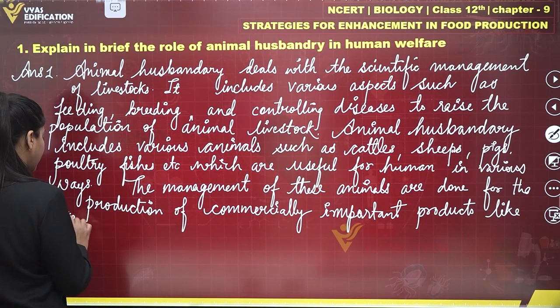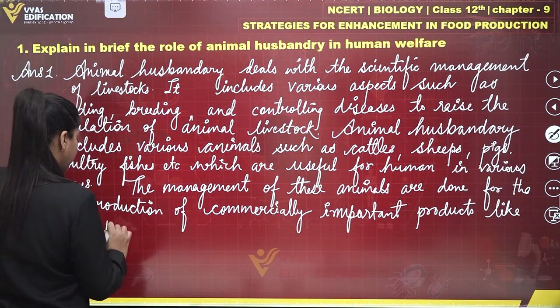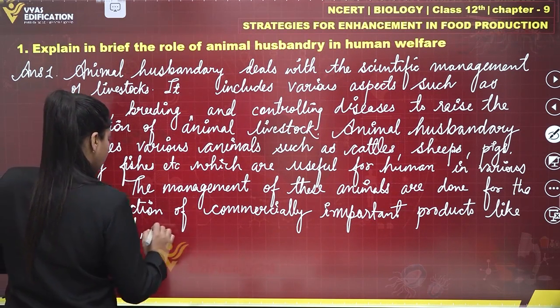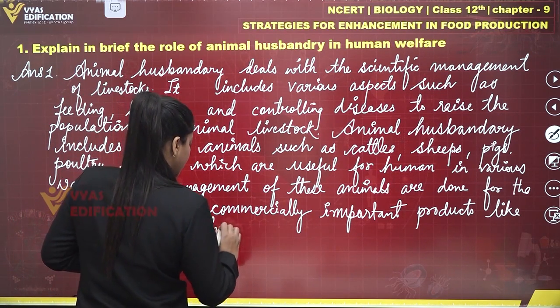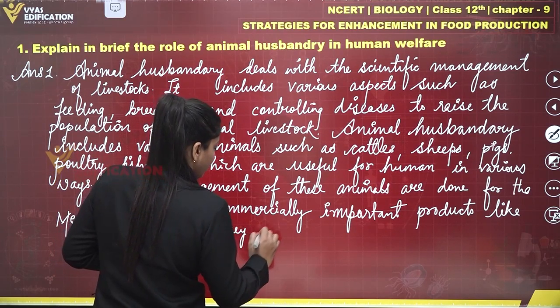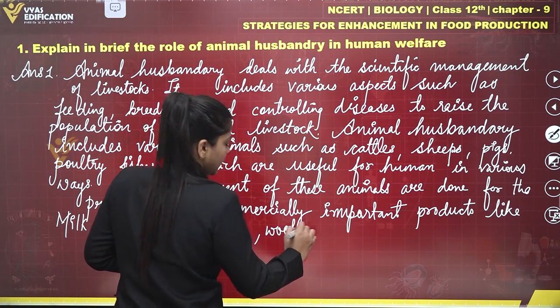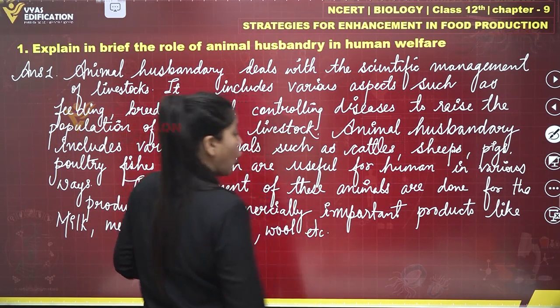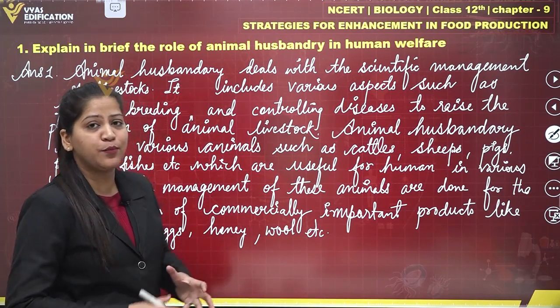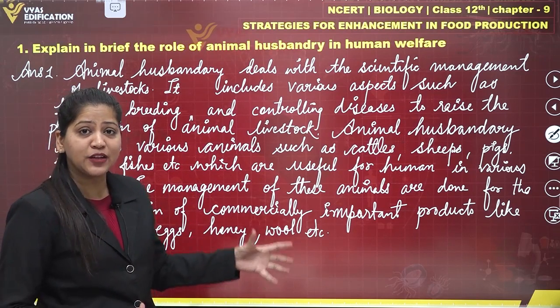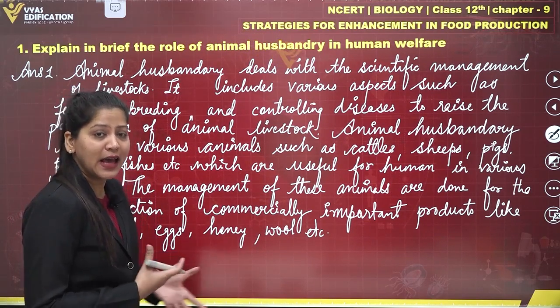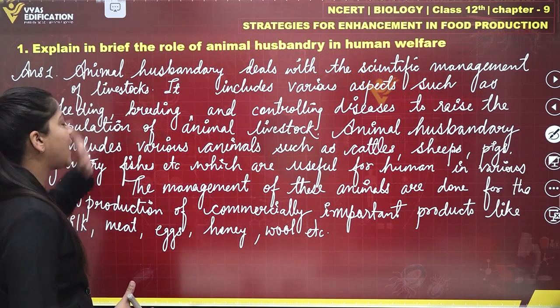We get milk from cattle, milk, meat, eggs, honey, wool, etc. So to obtain all these commercially important products, we actually manage these animals, these livestock, right? So this is what we have, animal husbandry.